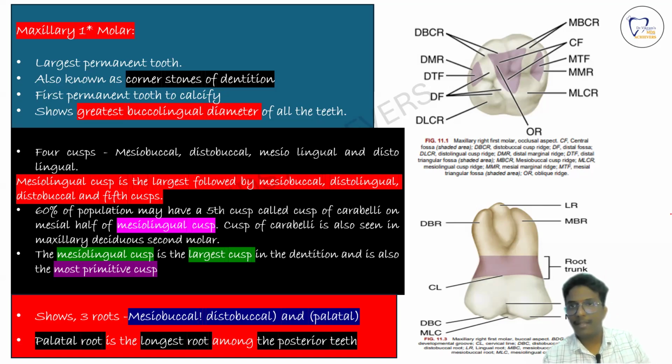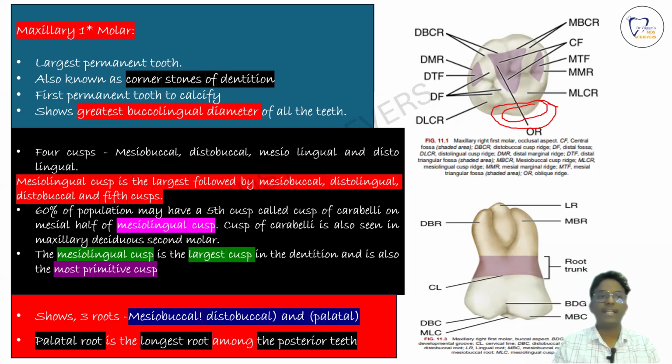You can see, this is the one that is the cusp of Carabelli. That is the fifth cusp present on the mesiopalatal cusp.